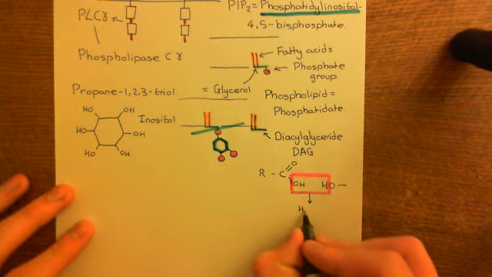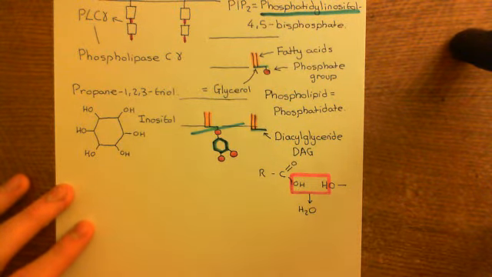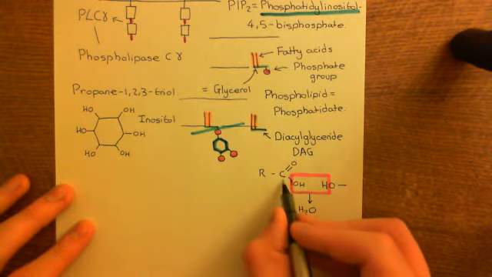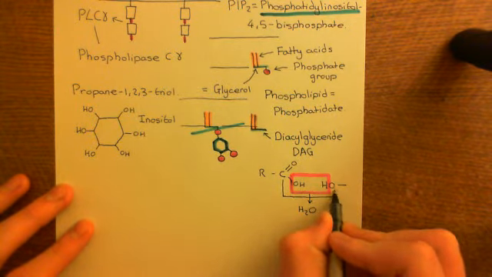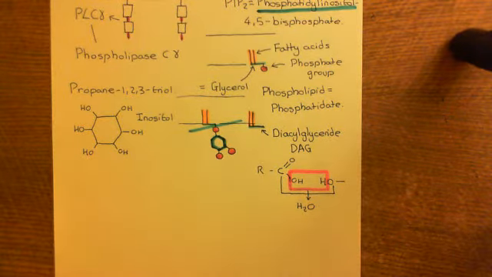So off will come water, and that's why it's called a condensation reaction. Then what you do is you bind this carbon of the carboxylic acid to the oxygen, and that creates you the ester link between the carboxylic acid or the fatty acid and the alcohol group of the glycerol.